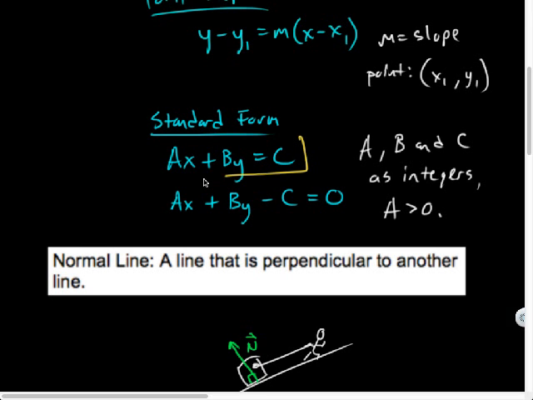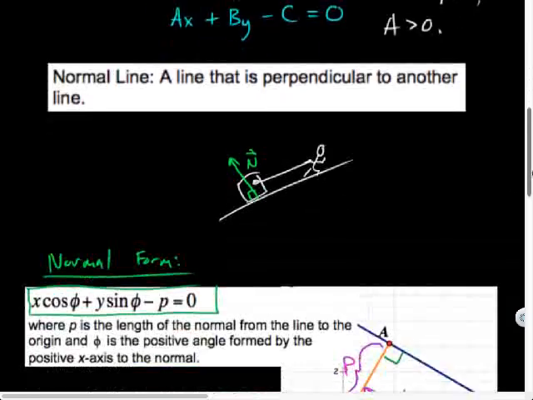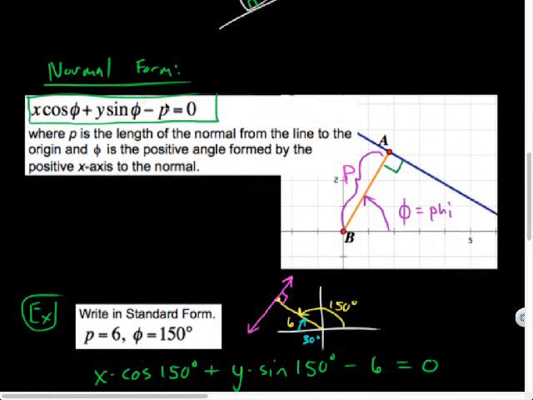But this is the standard form that I typically teach in lower math classes. And then this is the one that we happen to use for this text. So in order for the value of c to be the same between these two, I figured this would be a minus c away, so I would just have that be the opposite. And that's helpful for us in the sense that we have a negative p here as well, because if I had that on the opposite side, then it would have been positive.